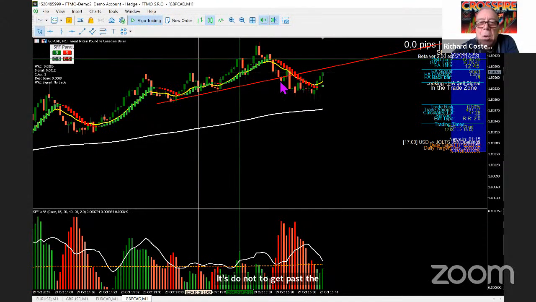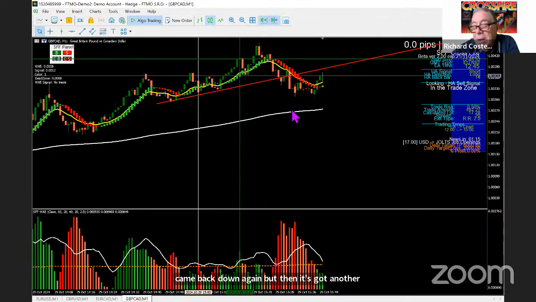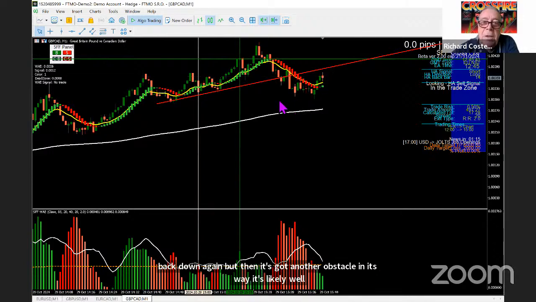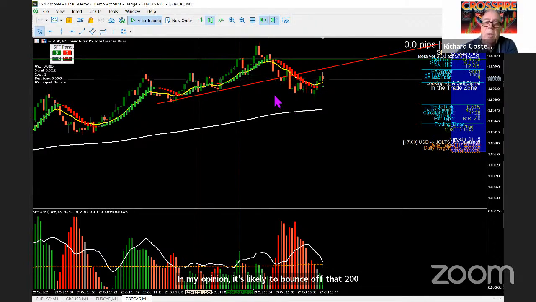It got below it and then it was pushed back up again, and then it made a real strong push, came back down again. But then it's got another obstacle in its way. In my opinion, it's likely to bounce off that 200 moving average. It can either bounce or it can break.